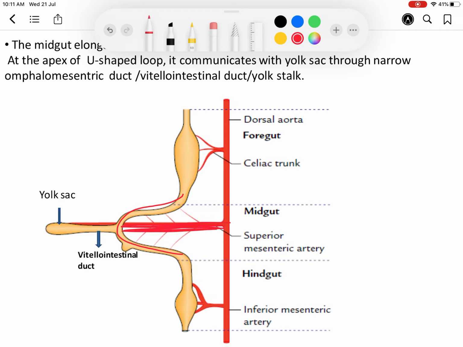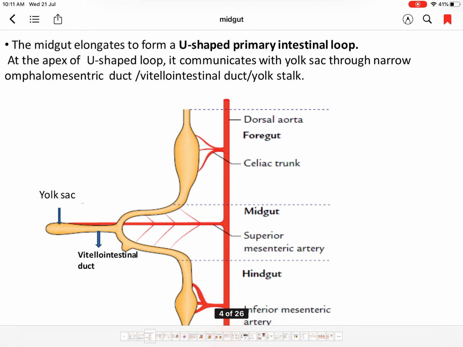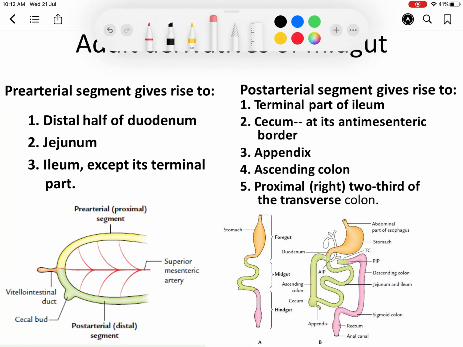In this diagram you can see the artery of the midgut, the superior mesenteric artery, which forms the axis of this U-shaped loop. The midgut loop is connected with the yolk sac by the vitello-intestinal duct.